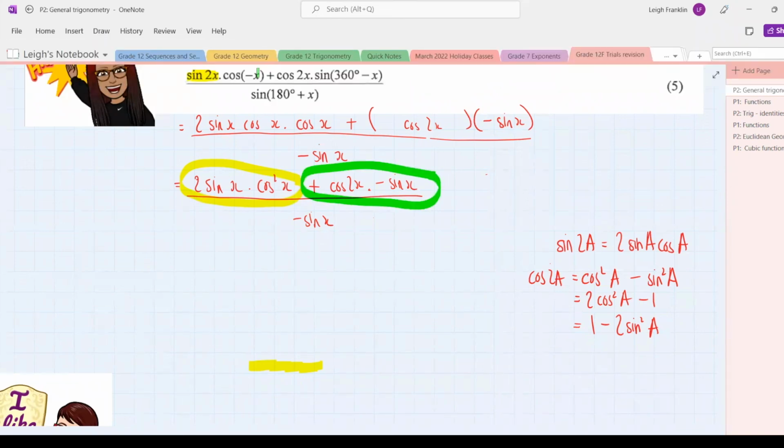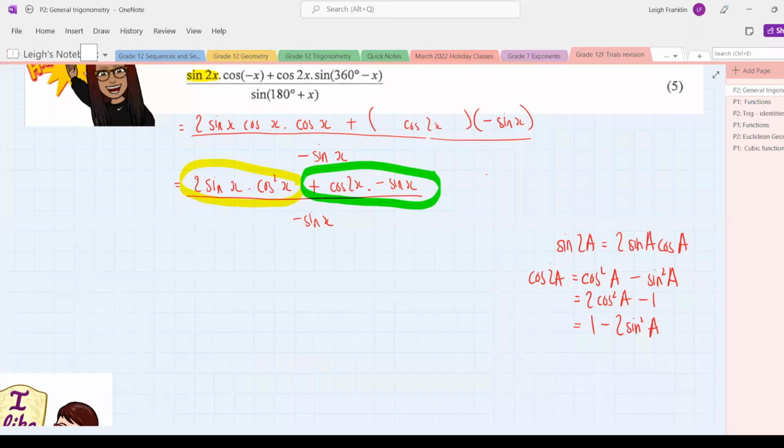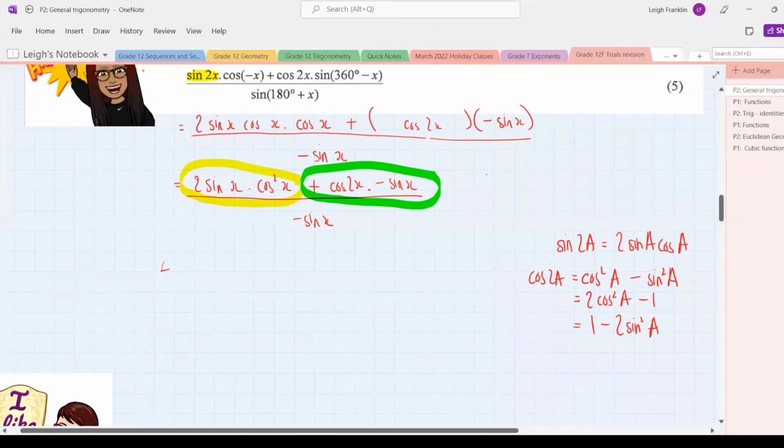Remember, terms are separated by plus and minus signs. So now what we're going to do is take out the sine x. Yeah, just sine x.